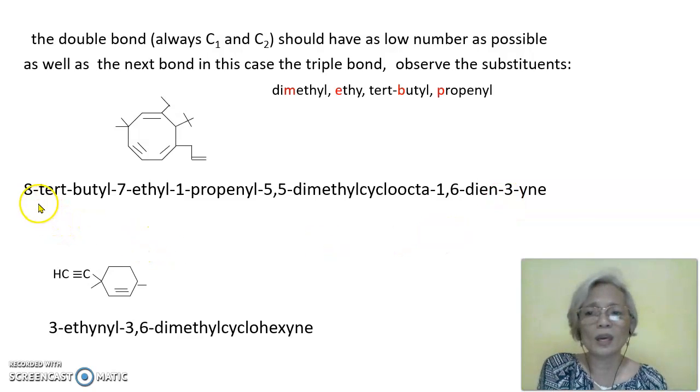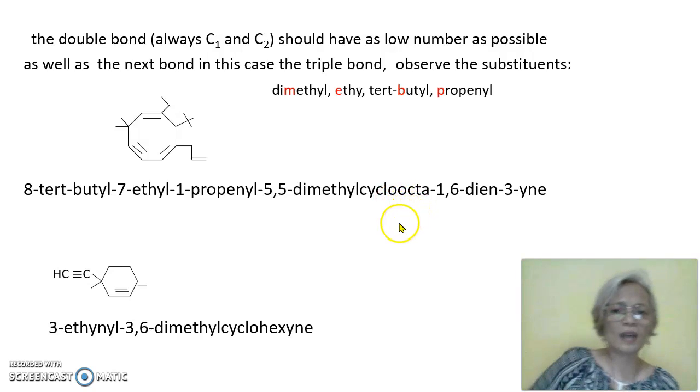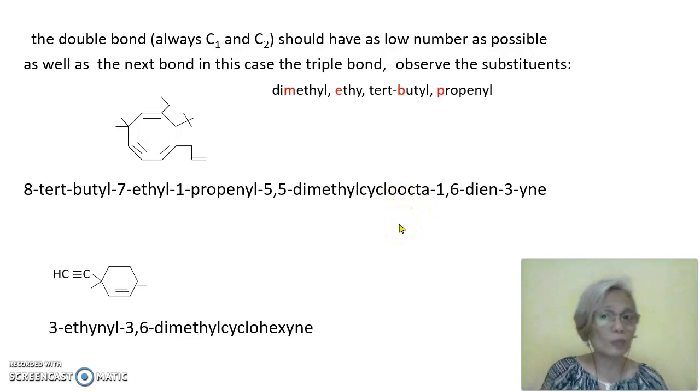The name is 8-tert-butyl-7-ethyl-1-propenyl. So this is an alkenyl. 1-propenyl-5,5-dimethylcycloocta-1,6-dien-3-yne. So basically, you should be able to recognize the alkyl groups, the alkenyl groups, and the alkynyl groups.